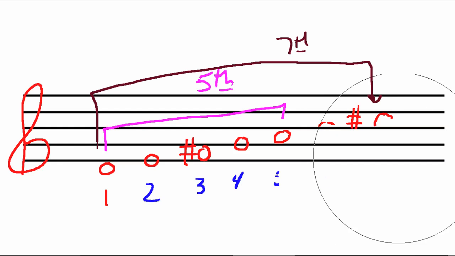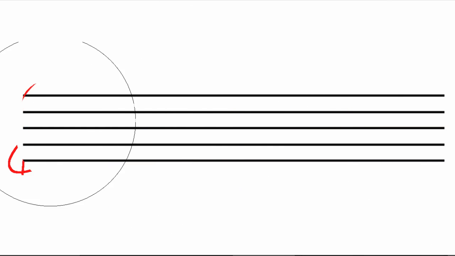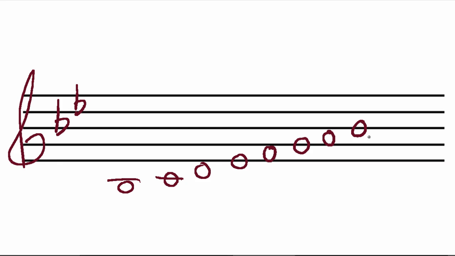Let's do a couple more keys. How about a flat key? How about B flat? This time I'm going to use a key signature. There's our key signature, our B flat scale. Label these with numbers.